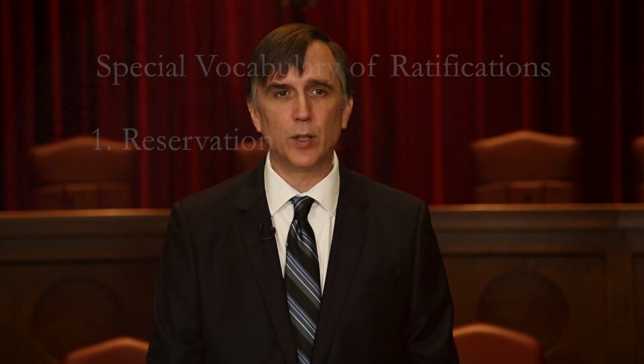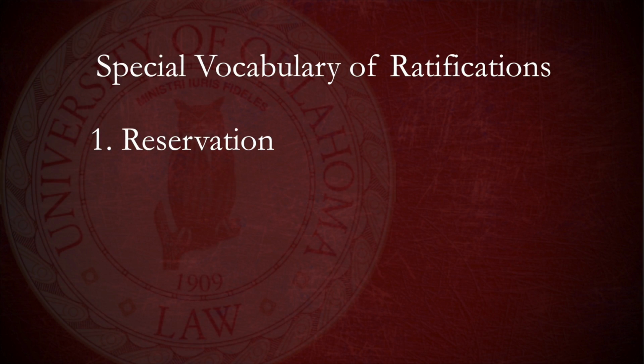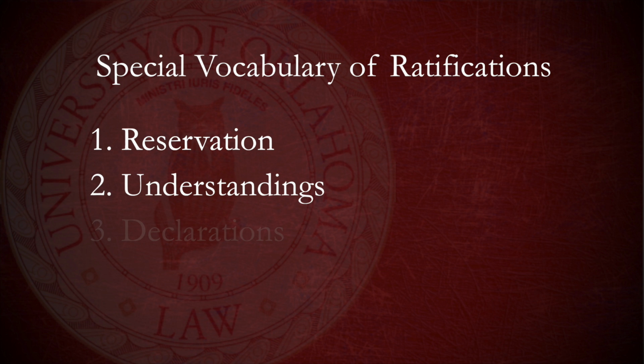When a state signs on to a treaty, it's allowed, when it ratifies the treaty, that's the state back home, their government saying, yeah, okay, we agree to be bound by whatever our negotiators agreed to. The state can enter into or include in its ratification reservations, understandings, and declarations.